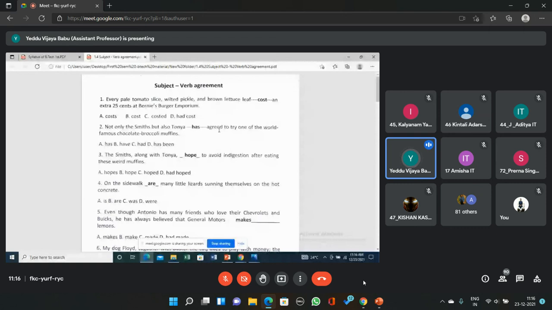Why is it agreed? It is a participle form. So the participle is used. Has agreed for third person singulars. Not only the Smiths but also Tanya, singular, has agreed. So like that. One simple example.